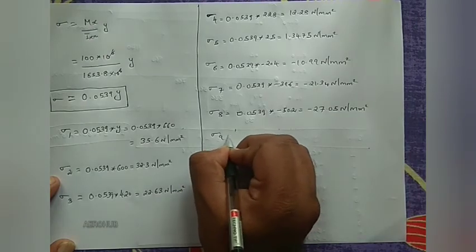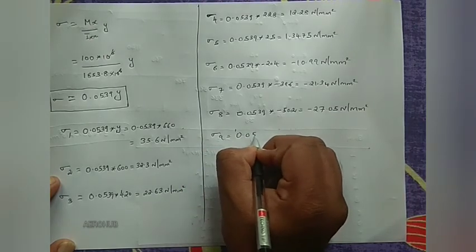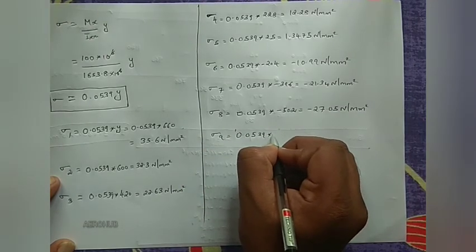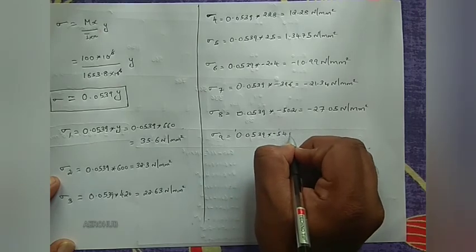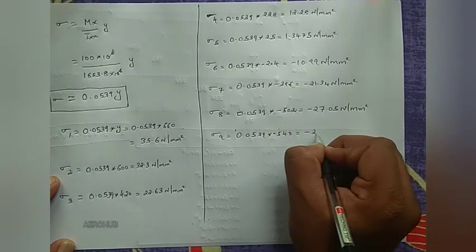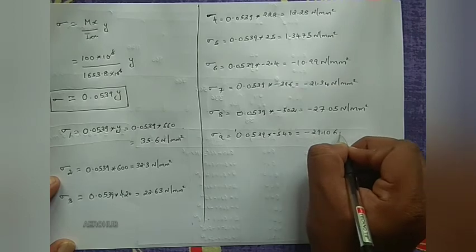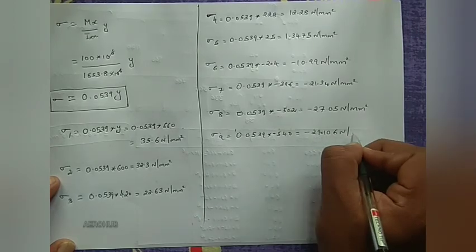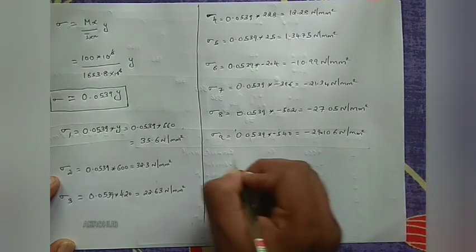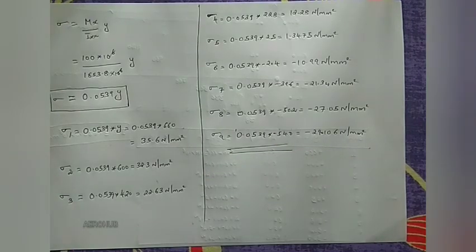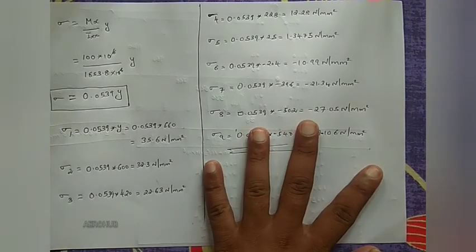And sigma 9 is equal to 0.0539 into minus 540, that will be minus 29.106 Newton per millimeter square. Okay, this is the method to calculate the value of bending stress for the given fuselage section.